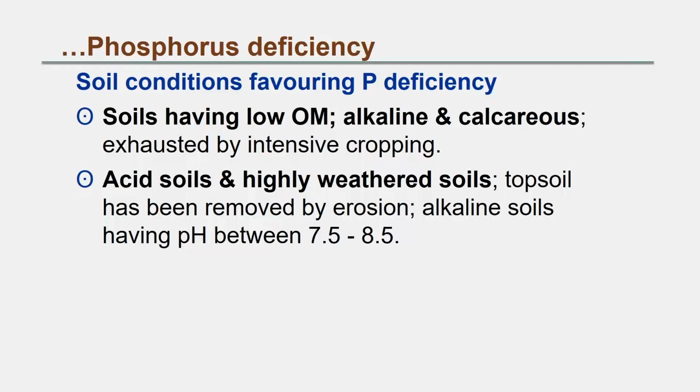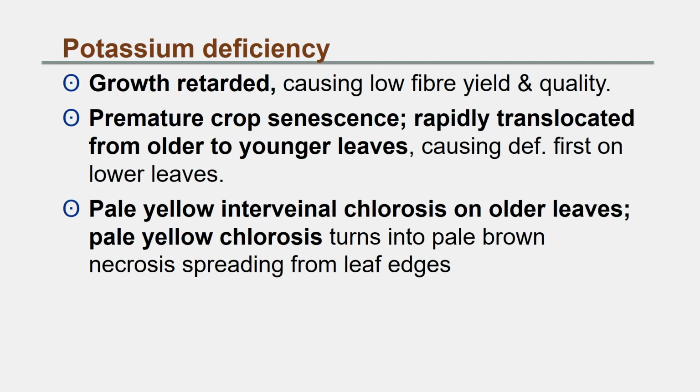Too alkaline or too acidic conditions cause phosphorus fixation and the availability may be low in soils. So the best availability of phosphorus is actually from pH 6 to 7.5, and any pH which is too alkaline or too acidic will reduce the phosphorus availability in soil.